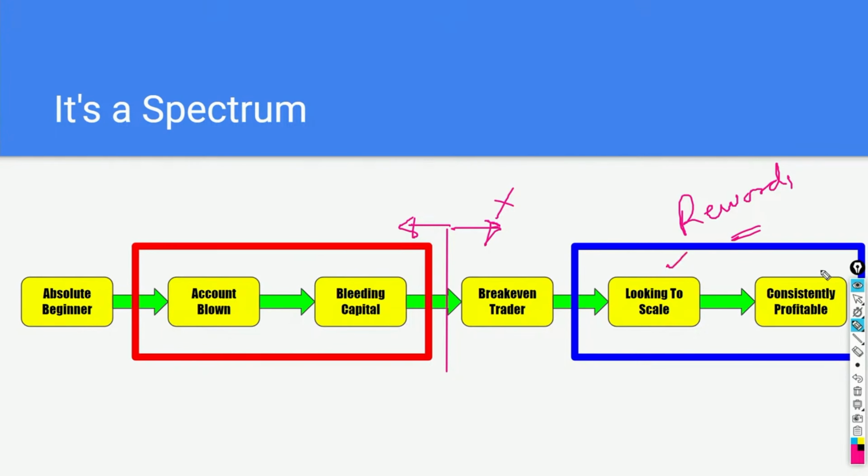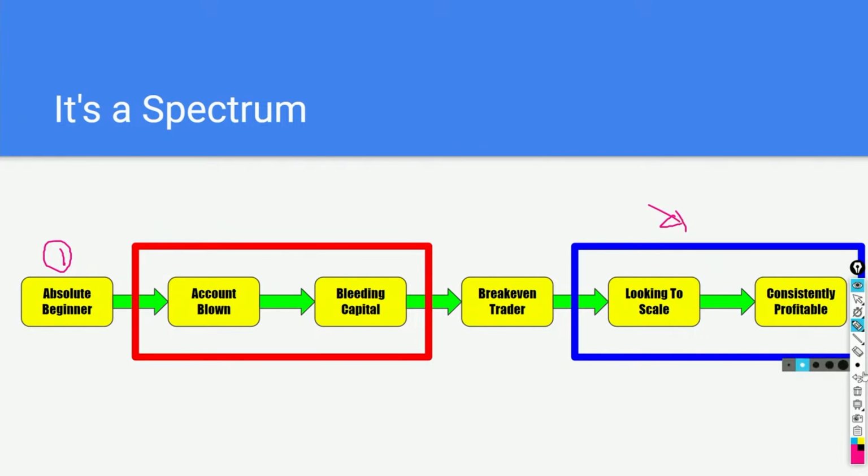This is what happens in this blue box, where you basically get the rewards for all the hard work that you put in to get yourself from this point to this point. Make sense? So let us see how we can do that.